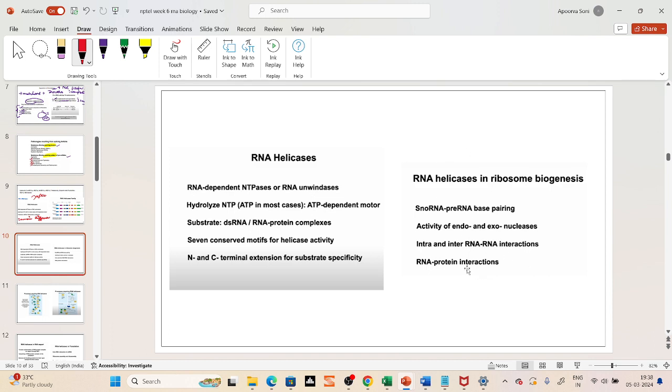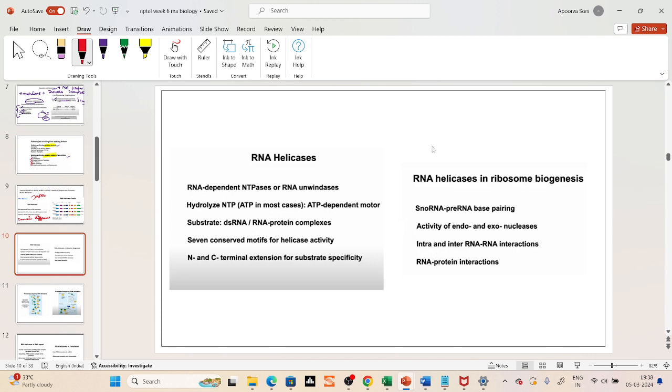Nothing to explain much, you just have to read that these RNA helicases basically help in unwinding intra and inter RNA interactions, and they also unwind RNA protein interactions. So in ribosome biogenesis also RNA helicase has a role, and this role is achieved by performing these many activities.